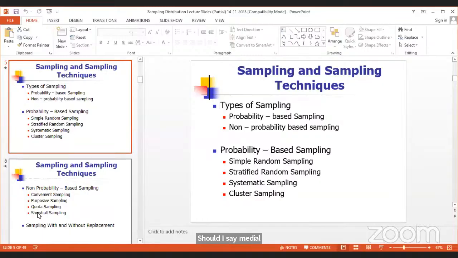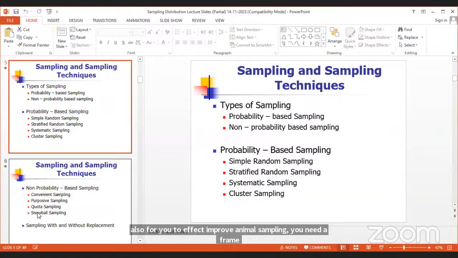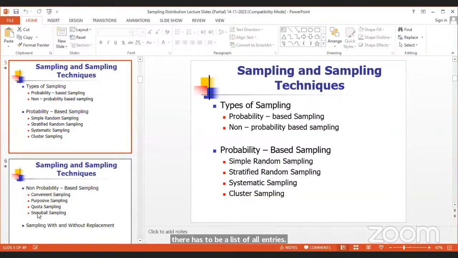And also, for you to effect simple random sampling, you need a frame. There has to be a list of all entries. It is from that list that you will select, because you are saying that you're giving everybody equal chance. So if that list is not available, you won't be able to effect simple random sampling. That's a major disadvantage.